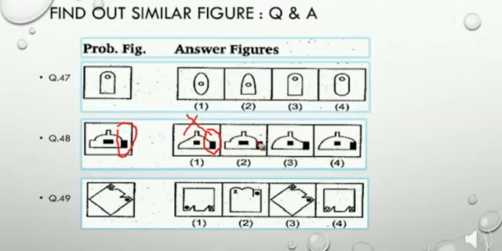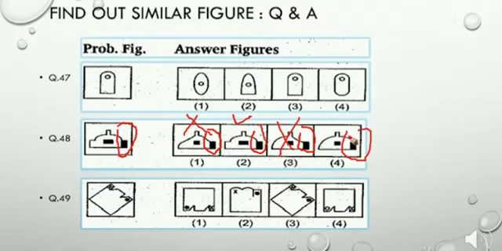Let's check for option 2. This portion is exactly similar to the given portion in the problem figure, so temporarily we can take this. Let's check for option number 3. This portion is not the same because here it is again a straight line, it is not curved like the problem figure. This can't be the answer. Let's check option number 4.